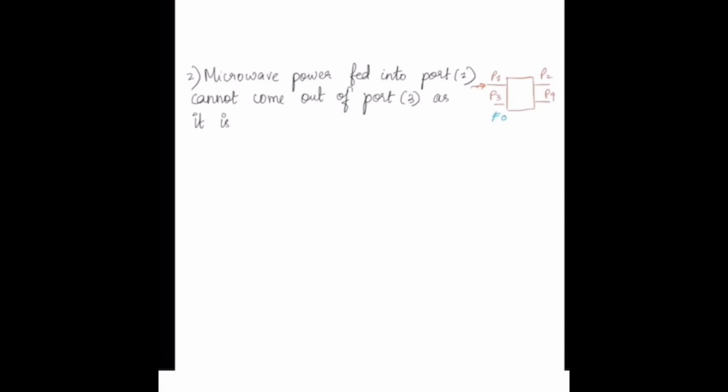The power fed into port 1 and coming out of port 3 is written as S13, and as no power is coming out of port 3, this is equal to 0. Similarly, if you feed power at port 2, no power comes out of port 4. The input power at port 2 cannot couple to port 4.